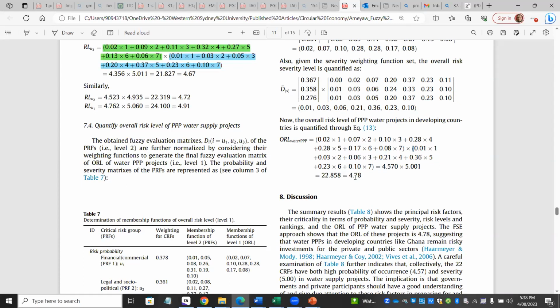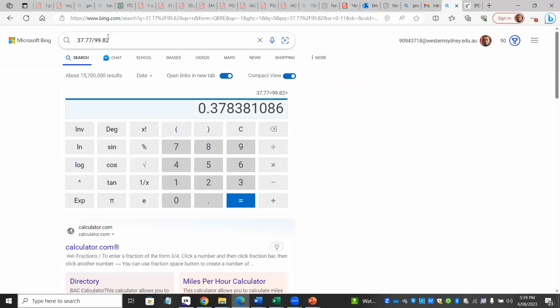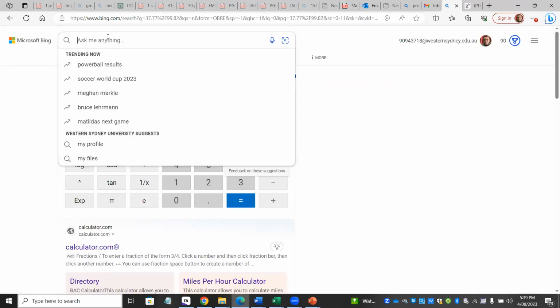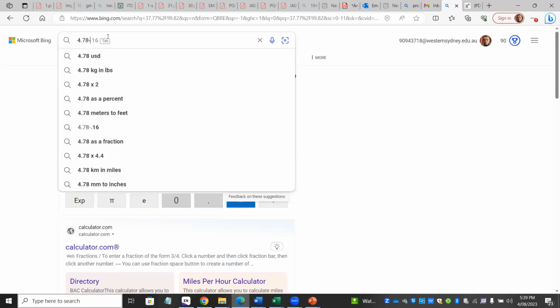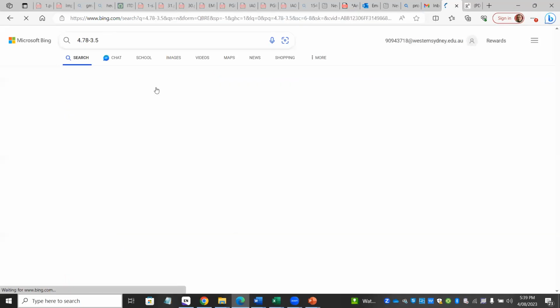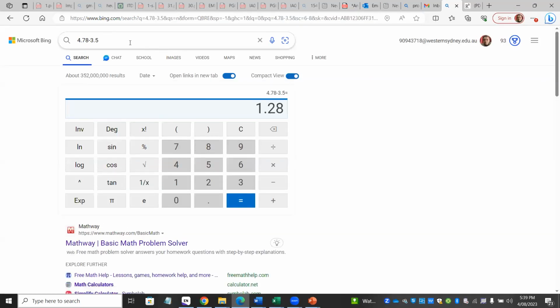And for a 7-point Likert scale, the middle of the mean value will normally be 3.5. So 3.5 compared to the 4.78, the variance is what? 4.78 minus 3.5, the variance is 1.28.